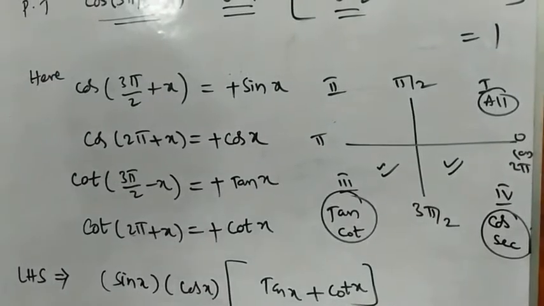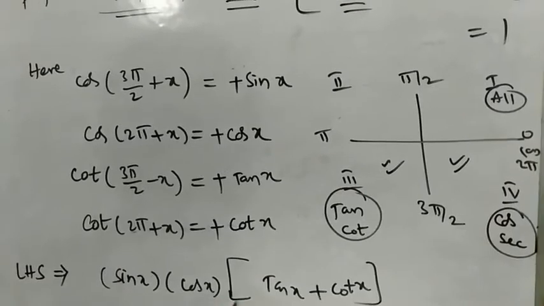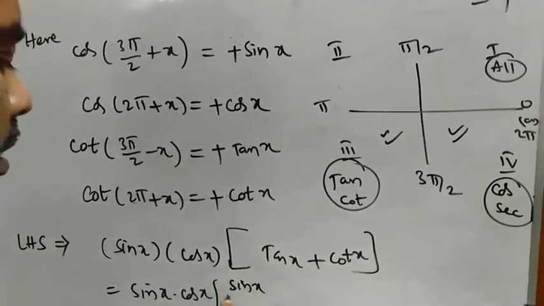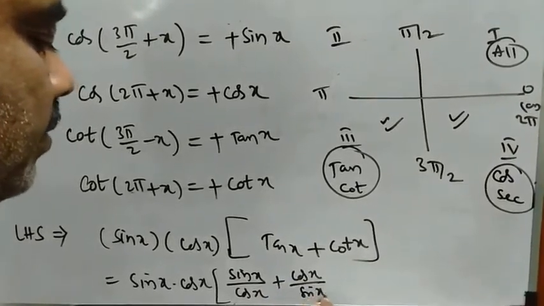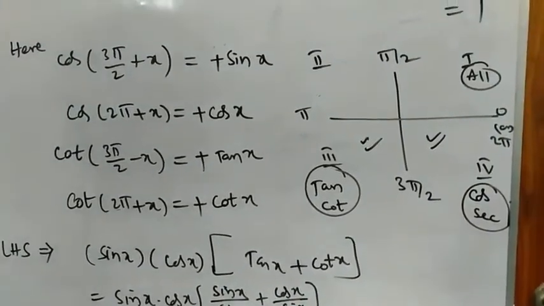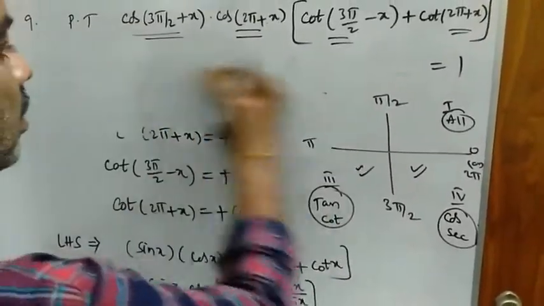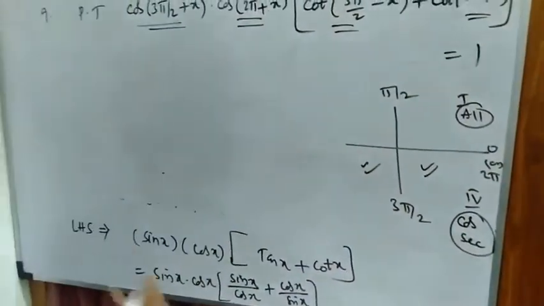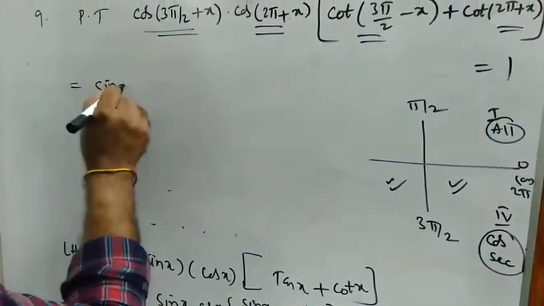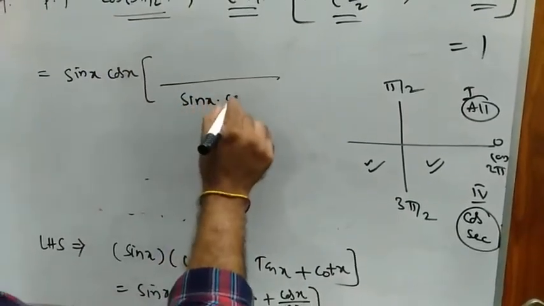So this is equal to sin x cos x times the bracket term, sin x by cos x plus cos x by sin x. On simplifying the bracket term, the LCM is sin x cos x.